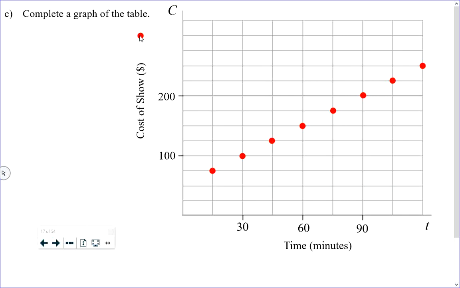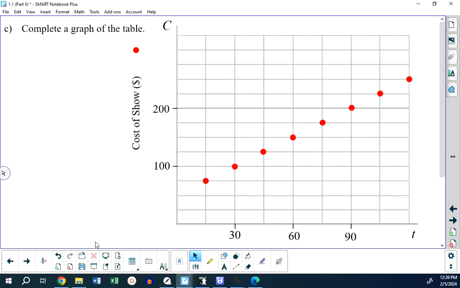Now, Alexa, it's Alexa, right? I'm going to ask you this question because we've talked about this before. Do you think I'm allowed to connect the data points? No. I would agree with you. I would say no. Because I think what the magician's going to do is charge based on this.